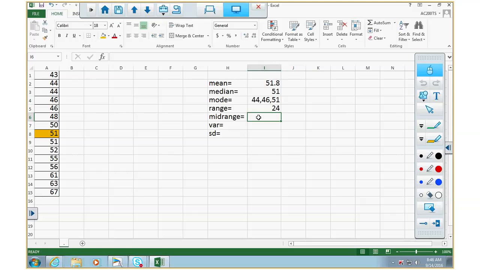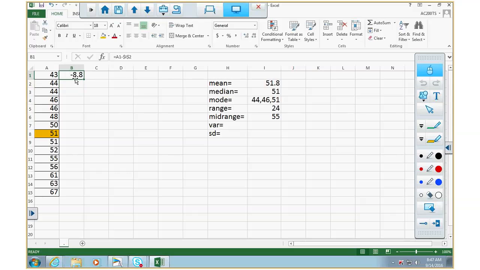And the mid-range you really need for this question, because this question is asking about the 5-number summary. So you need to know the mid-range divided by 2. And then the variance, we'll go ahead and subtract the mean, F4.